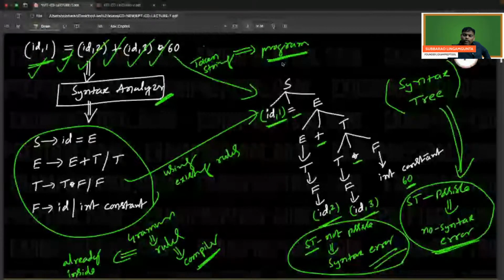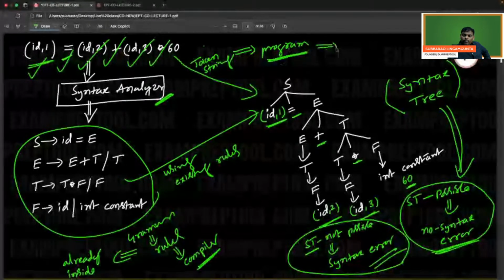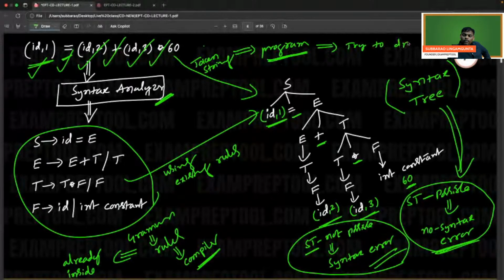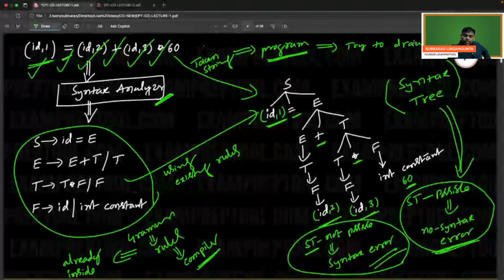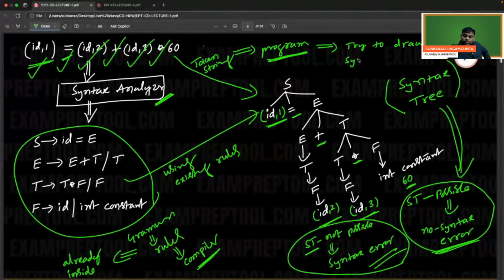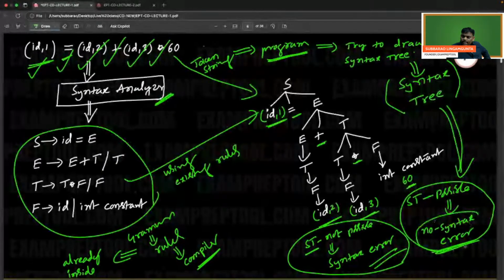For the user program, try to draw the syntax tree. Suppose assume syntax tree possible, no syntax error. Not possible, there is a syntax error.